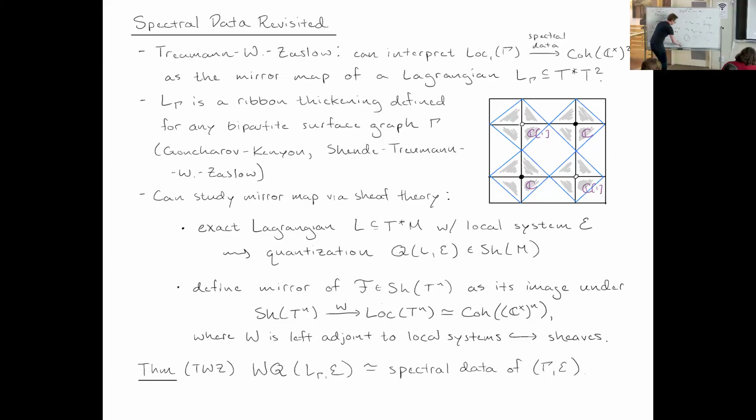So in particular, we would just get the structure sheaf of C star.